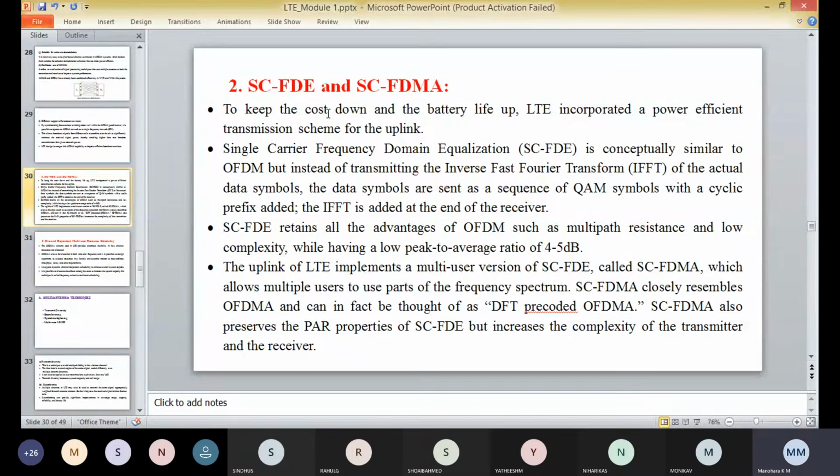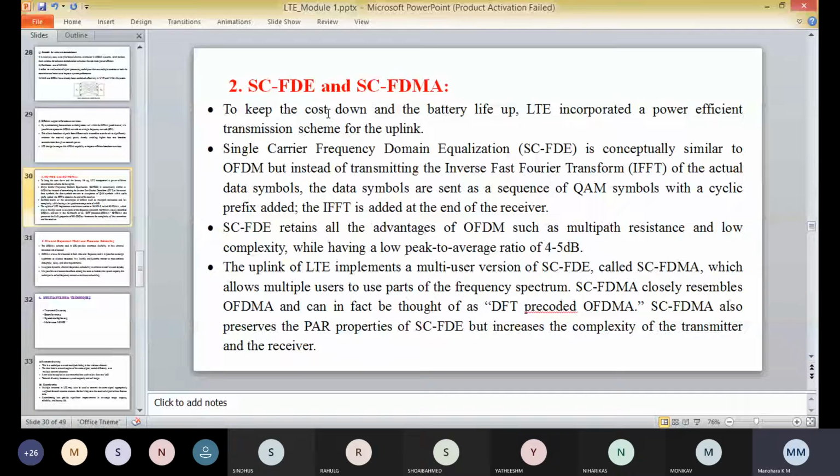The IFFT is added at the end of the receiver. SCFDE retains all the advantages of OFDM, such as multipath resistance and low complexity, while having a low peak to average ratio of 4 to 5 dB.